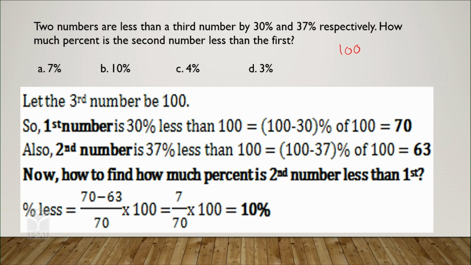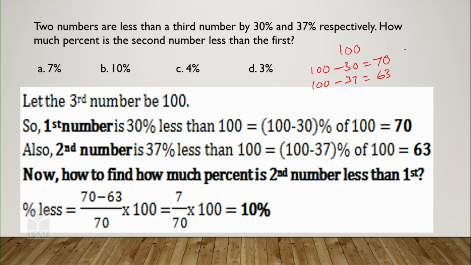The first number is 30% less, means 100 minus 30, so 70 is the first number. The next one is 37% less, means 100 minus 37 is 63. So if we assume the third number is 100, then the first number is 70 and the second number is 63.